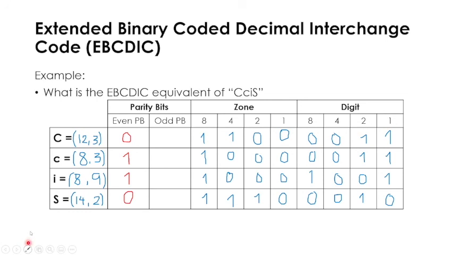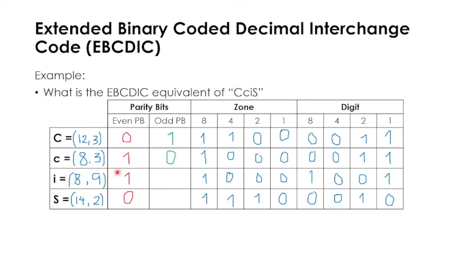What if we are using the odd parity bit? So again, we just count the presence of ones. 1, 2, 3, and 4. Since it is not odd, the odd parity bit will be 1. Next, for the small letter C, we have 1, 2, and 3. Since 3 is an odd number, the odd parity bit will be 0.